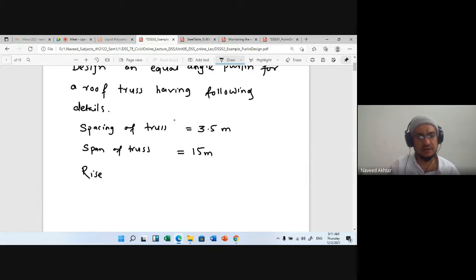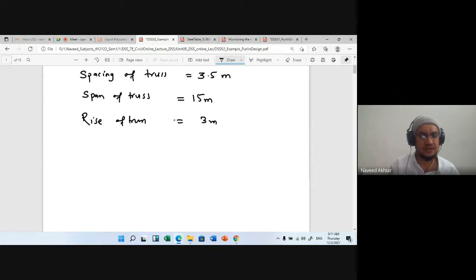Rise of truss is also given, that is 3 meter. The spacing of purlin is given, that is 1.35 meter.